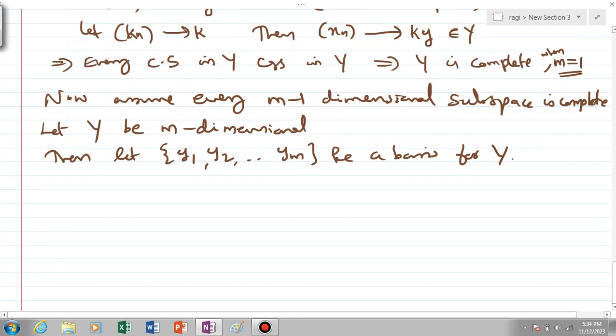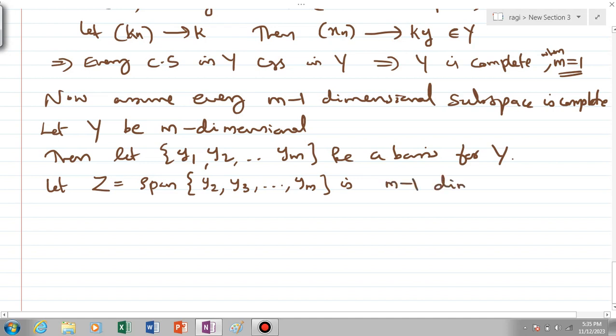Then let Z equal the span of the basis elements, not fully, from y2 only: y2, y3, etc., ym. This is an m-1 dimensional subspace of Y, and so of X, of course.